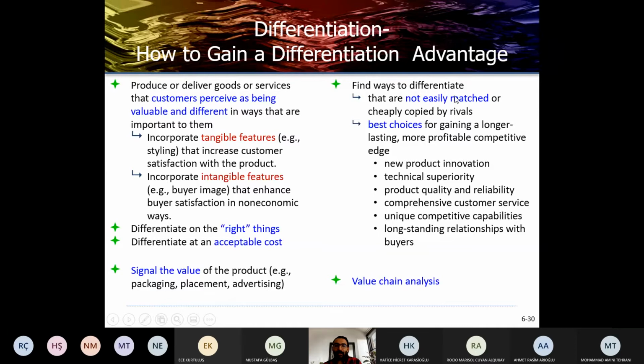How can you find ways to differentiate? For example, innovation, technical superiority, product quality, comprehensive customer service, unique competitive capabilities, long-standing relationship with buyers. All of these are important in differentiation.